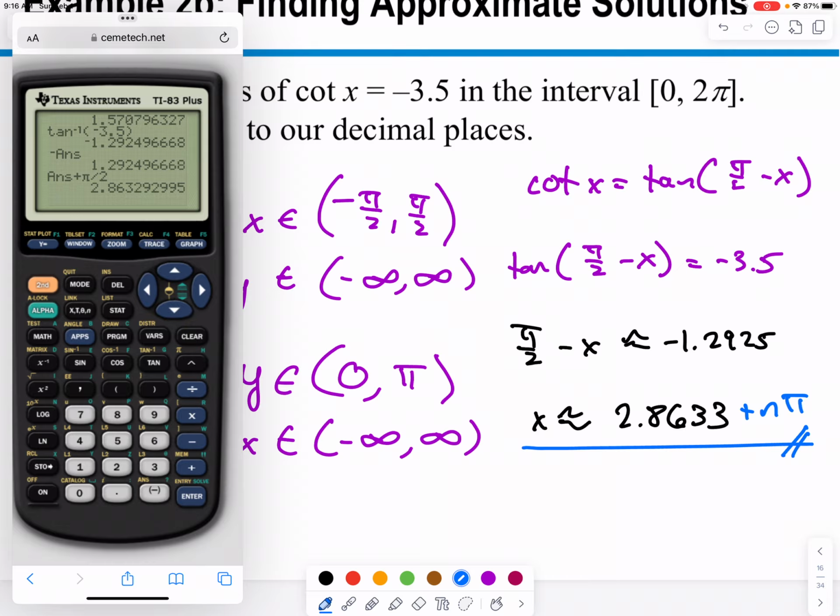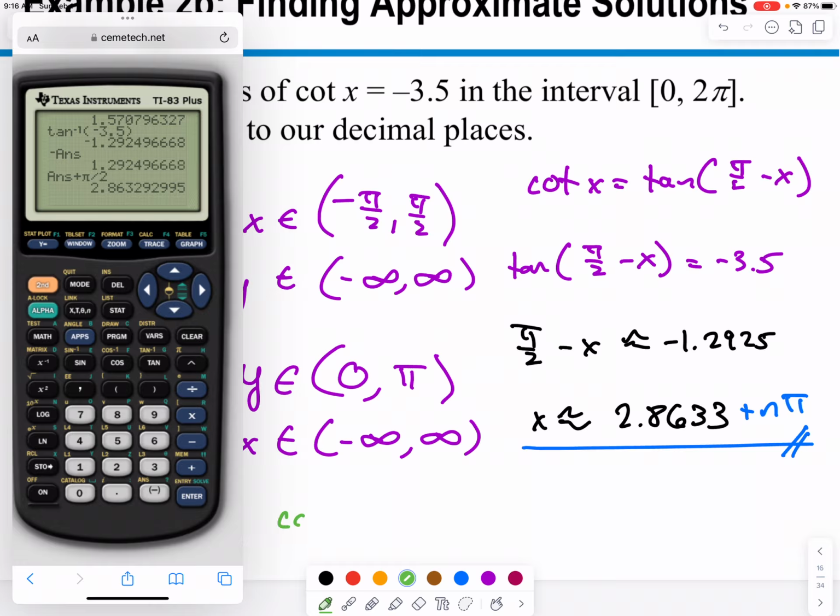So, let me think. Dang, it's cotan of x equals this. So then what? In terms of tan, cotan is 1 over tan of x. Okay, so let's do this. This is why I'm kind of going in circles, right?